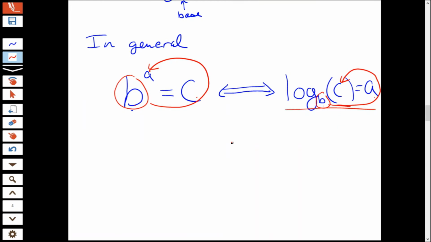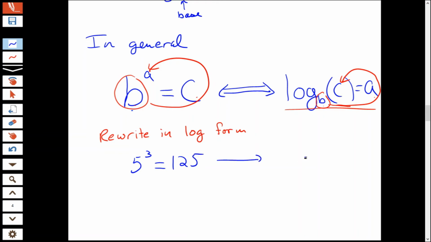So if I had to rewrite an exponential in log form, we could do that for something like 5 to the third power equals 125.